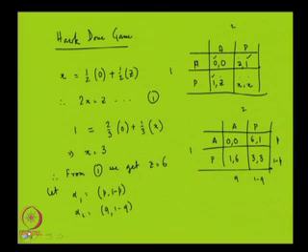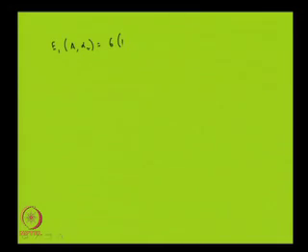Now, expected payoff to player 1 from action aggressive is given by, if he plays aggressive, from this he gets nothing, from this he gets 1 minus Q multiplied by 6.